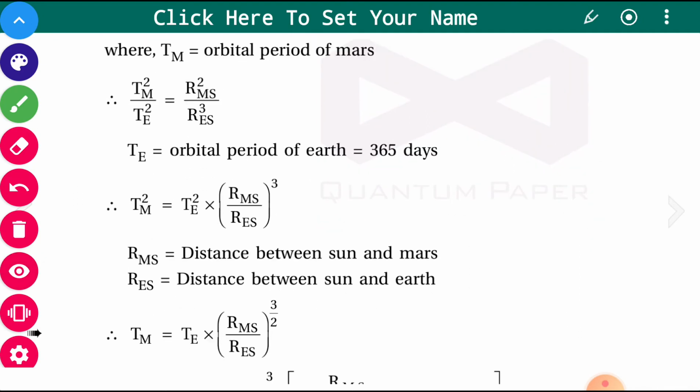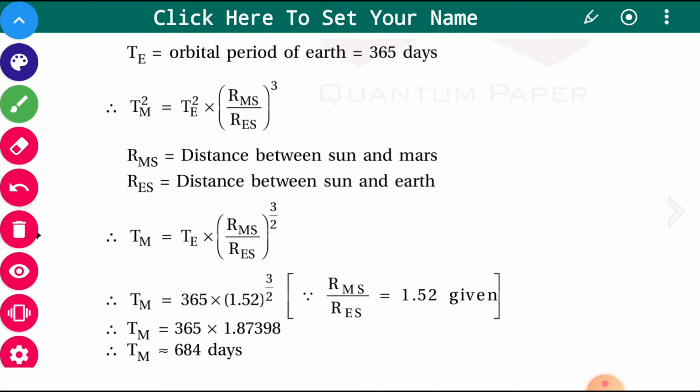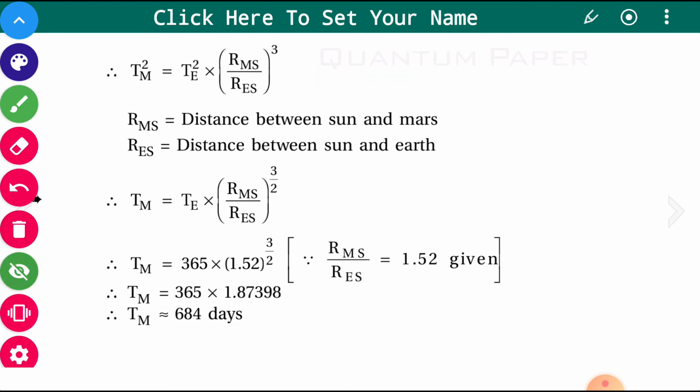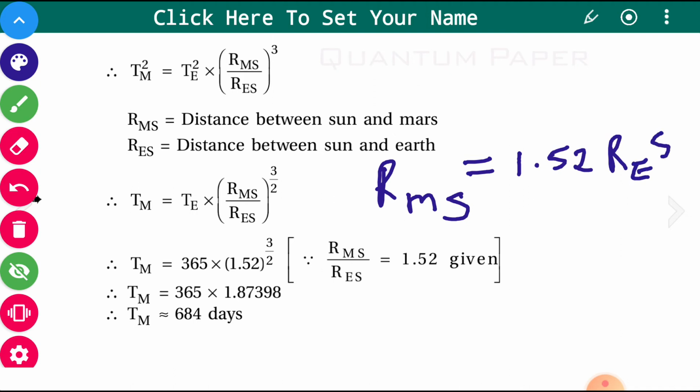Now it is very easy. It is given that RMS, the distance of Mars from the Sun, is 1.52 times the distance of Earth from the Sun. So RMS upon RES is 1.52. Put that value here, 1.52 raised to 3 by 2. The square root is already taken.